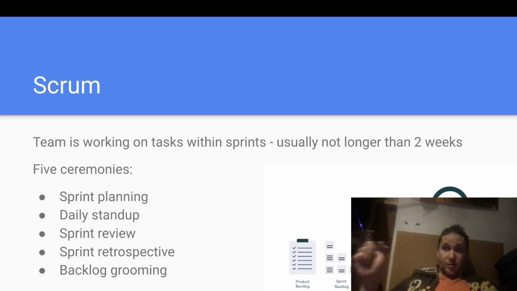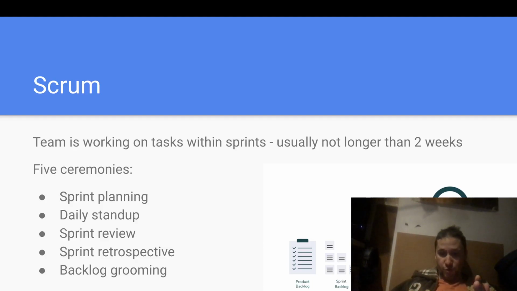And then that whole sprint shouldn't be longer than 2 weeks. And here it's saying 1 to 4 weeks, which could also be the case of having sprints that last 4 weeks. Yeah, that's true. But in most cases it should be like 2 weeks.